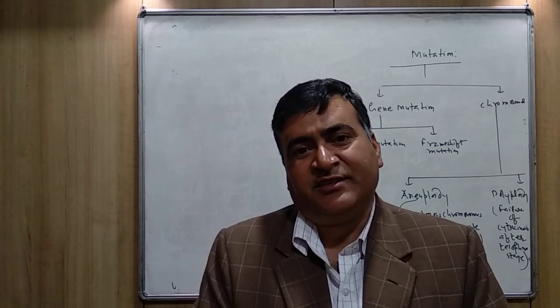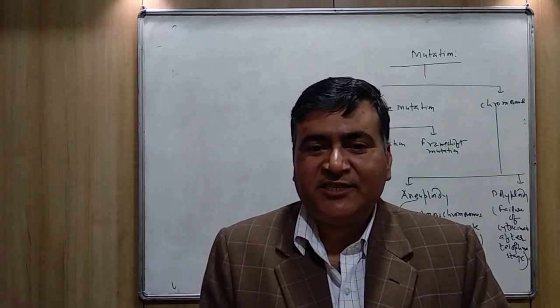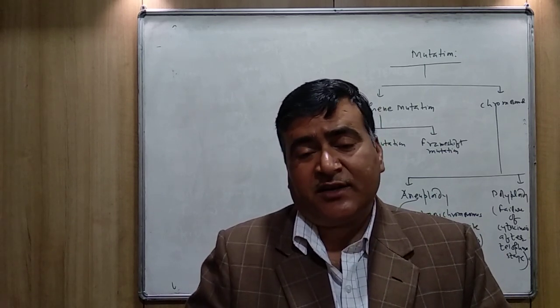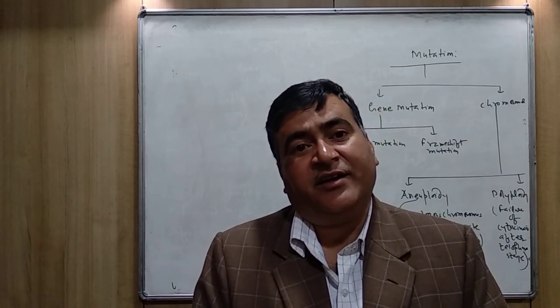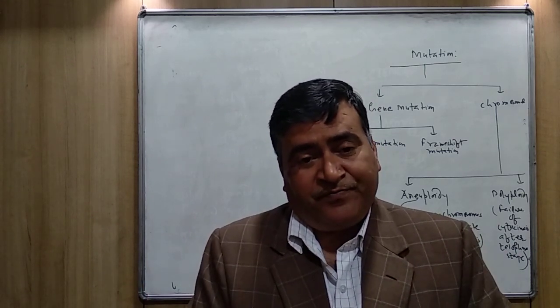And if the gene is going to be changed, that particular protein will not be synthesized, maybe the enzymes responsible for the process of metabolism are not going to be synthesized, and overall our phenotypic expression would be affected.